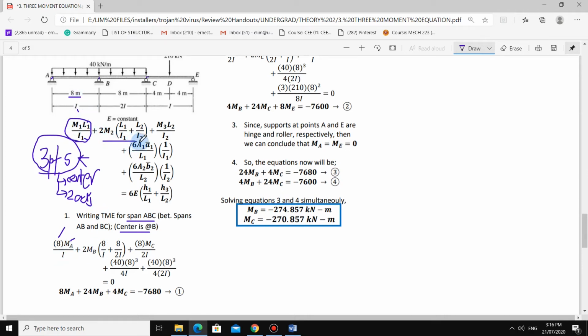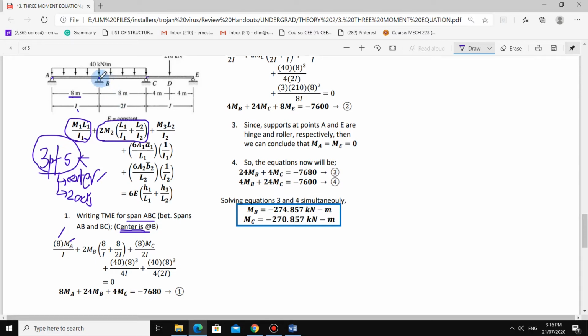How about the second term? Who is M2? M2 is the center support. In this case, the center we chose is B, so that is MB. Then L1 again, the one on the left side, is 8 over I. Then what is L2?